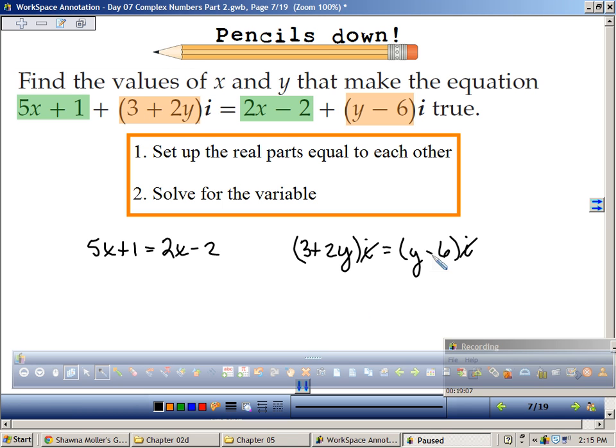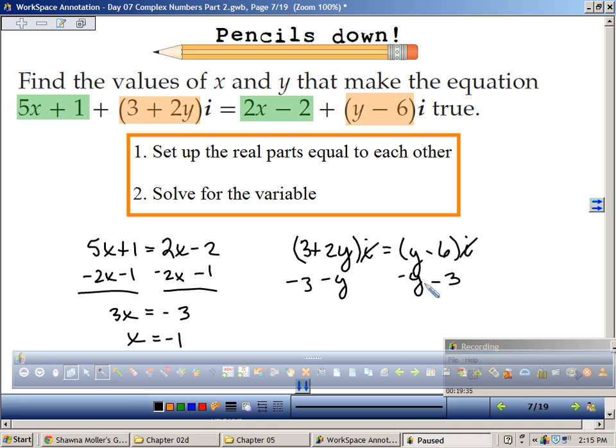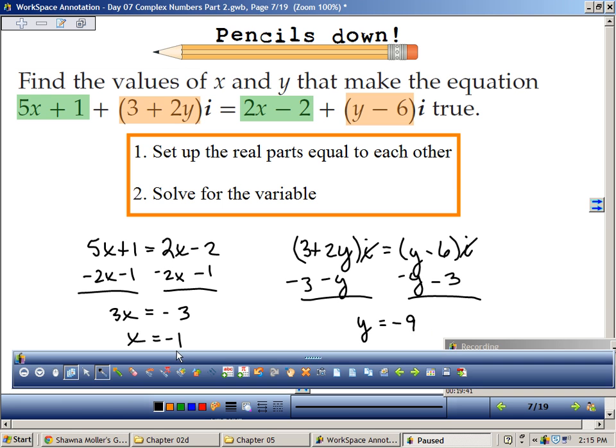Okay. So I'm going to subtract 2x from both sides and subtract 1 from both sides, and I get 3x equals negative 3, or x equals negative 1. On this side I'm going to subtract a y from both sides and subtract a 3 from both sides, and I get y equals negative 9.